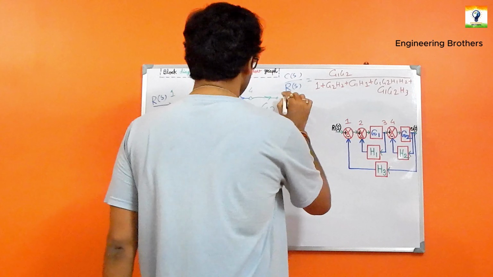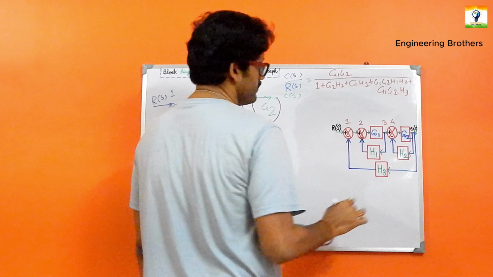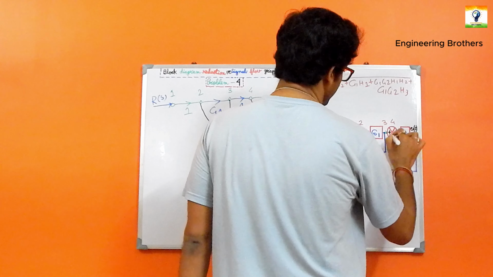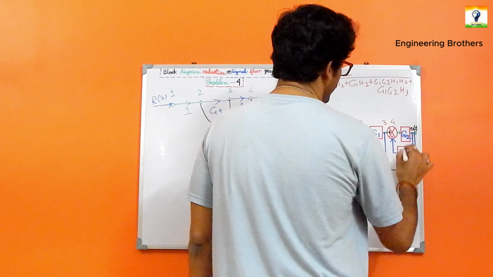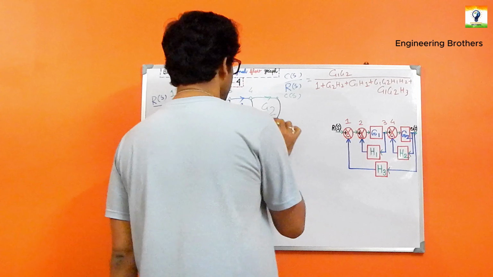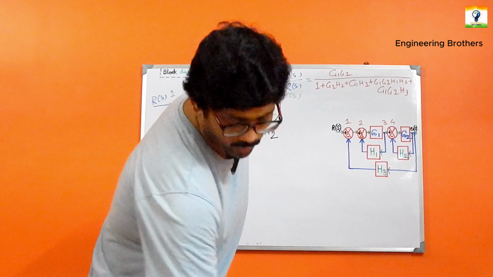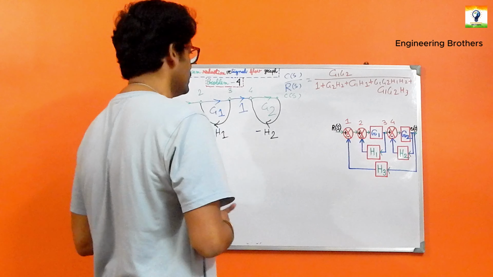In between C(s) and 4, once again the feedback gain will be minus H2. Why? The gain for that feedback path is H2, and as the sign is negative, the gain for the considered path will be minus H2. Follow the same procedure once again.